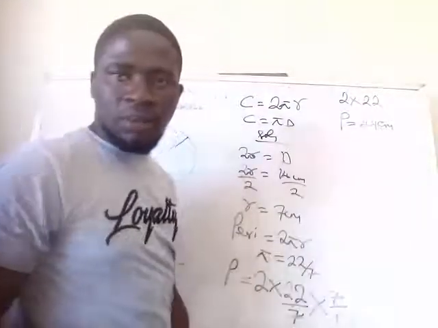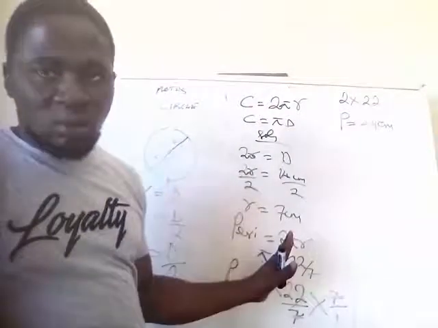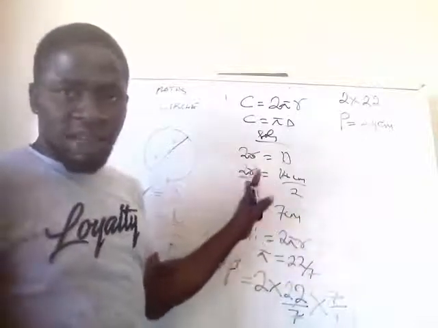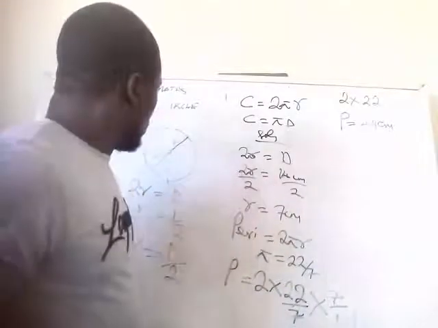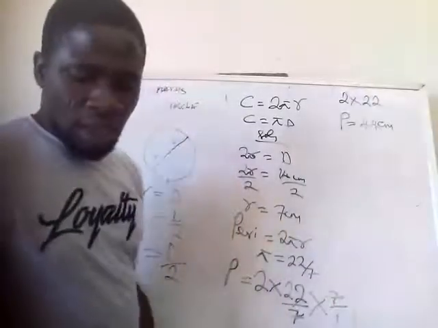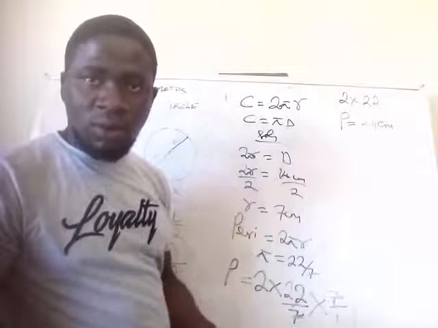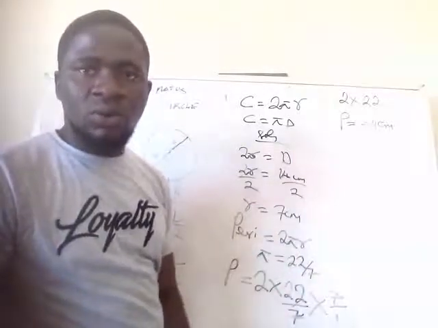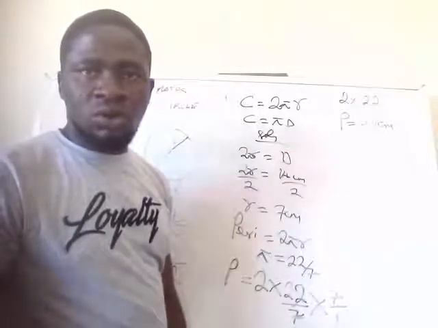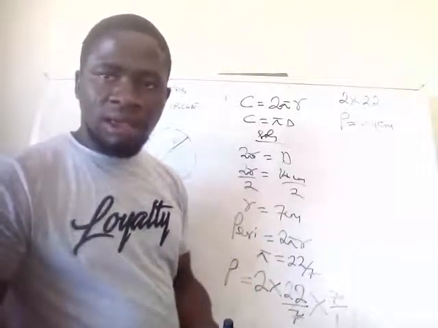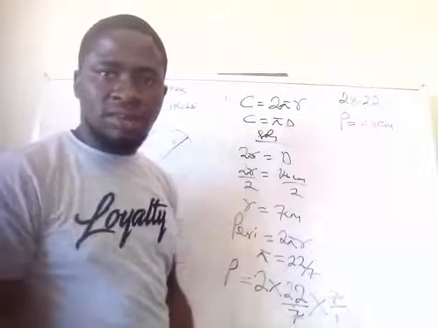At this point, we are done solving the perimeter of a circle, or the circumference of this circle here. We were not asked to draw the circle, but at this point we are done with the calculation. So we will solve the second example, then we'll call it a day.